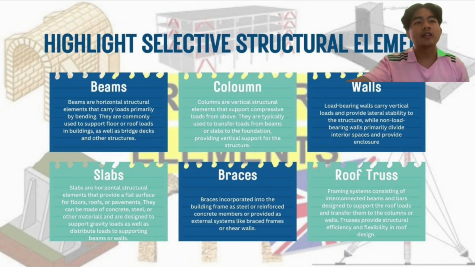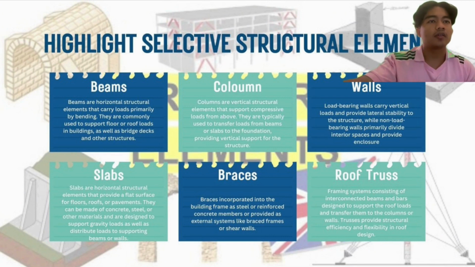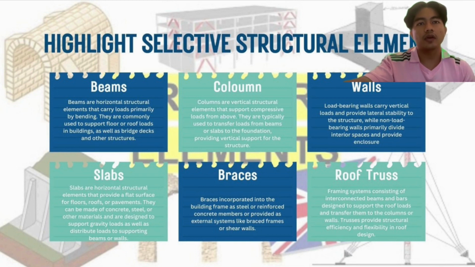Next, load-bearing walls carry vertical loads and provide lateral stability to the structure. Next, slabs are horizontal structural elements that provide a flat surface for floors, roofs, and pavement. They can be made of concrete, steel, or other materials. Next, braces are incorporated into the building frame as steel or reinforced concrete.